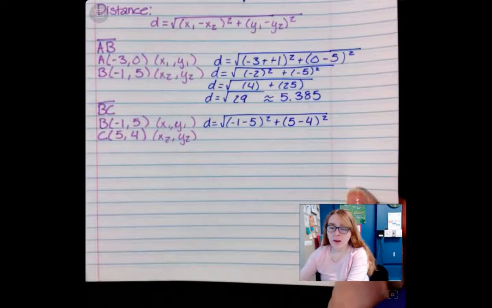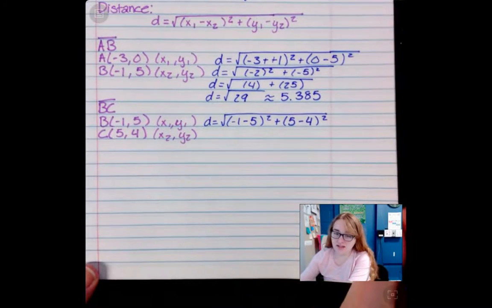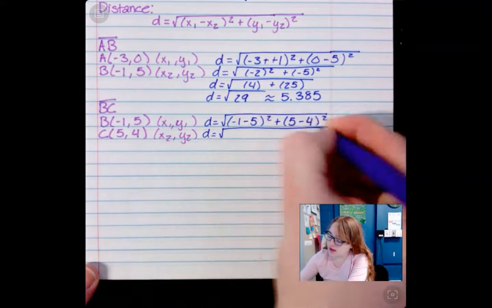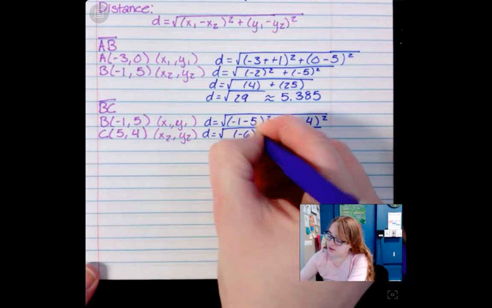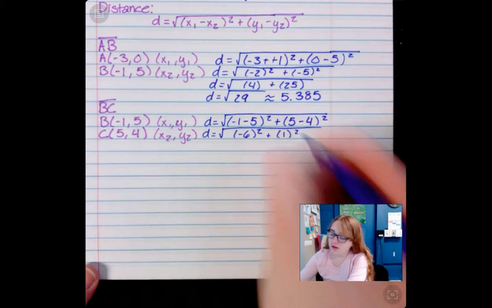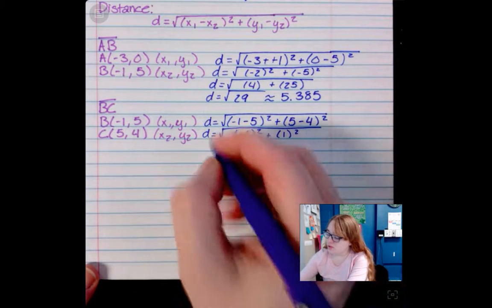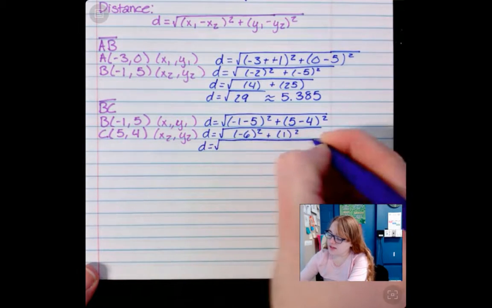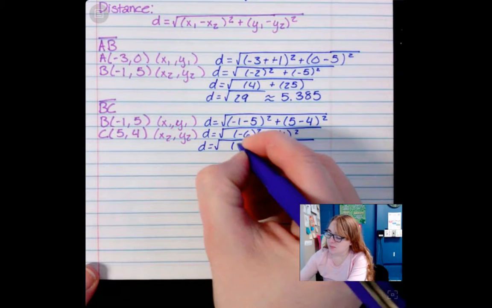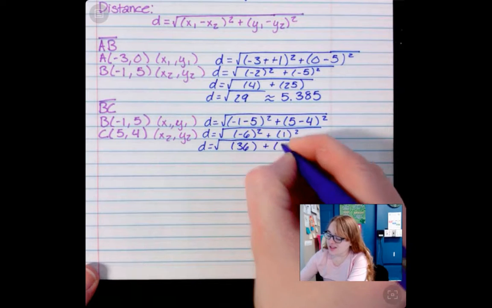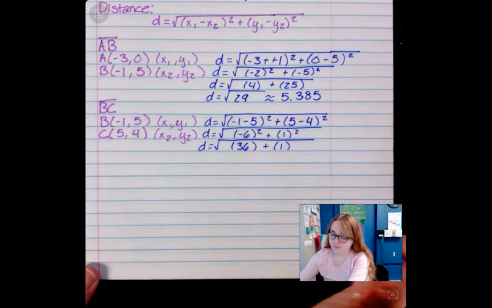Okay, -1 minus 5, that is going to push us further into the negatives. It's going to give us -6 squared. And then 5 minus 4 is 1 squared. So now we square these or multiply them by themselves. -6 times -6 gives us a positive 36. And then 1 times 1 just gives us 1.